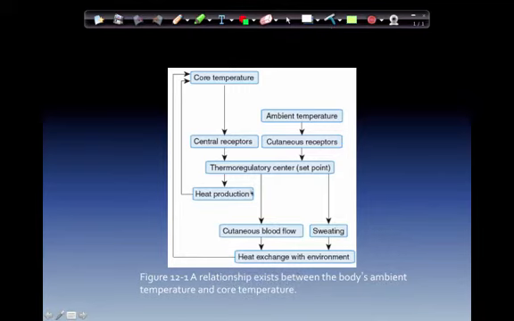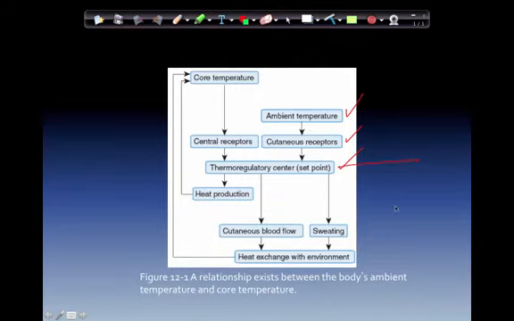So let's take a look at this here for a second. So the core temperature, let's start right here with the ambient temperature. The ambient temperature, the temperature outside, communicates with the cutaneous receptors, and those would be the ones on the skin. And this is a setting point to your thermoregulation center.